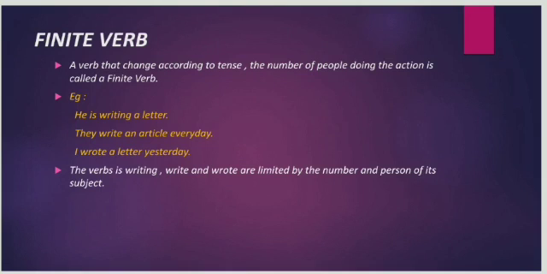Is it clear? So for example, if I say he is writing a letter, here the subject he is singular. That is why we are using is writing. Suppose when we talk about plural, we will say they are writing.